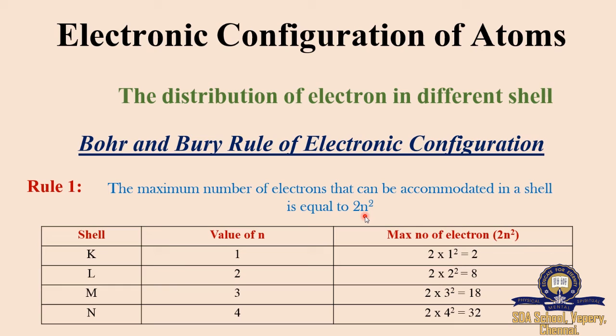The K shell holds the serial number 1, L shell holds 2, M shell holds 3. So for shells K, L, M, N, the value of n is 1, 2, 3 and 4. According to rule 1, 2 into 1 square gives 2, for the L shell 2 into 2 square gives 8, for the M shell 2 into 3 square gives 18, and for the N shell 2 into 4 square gives 32. So this is rule 1.